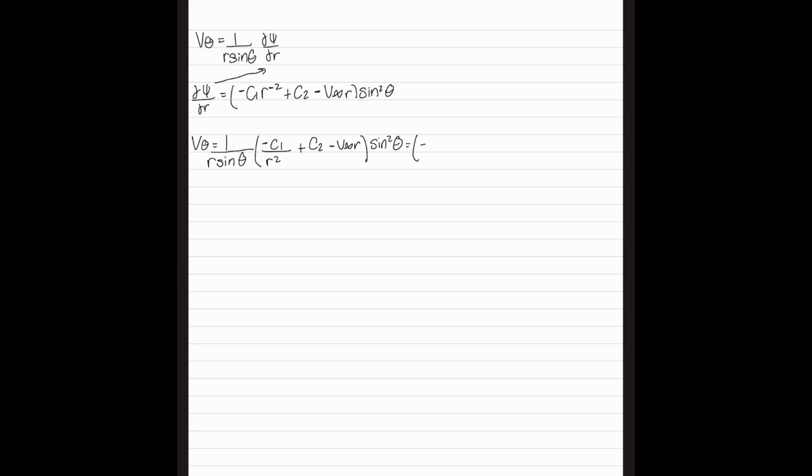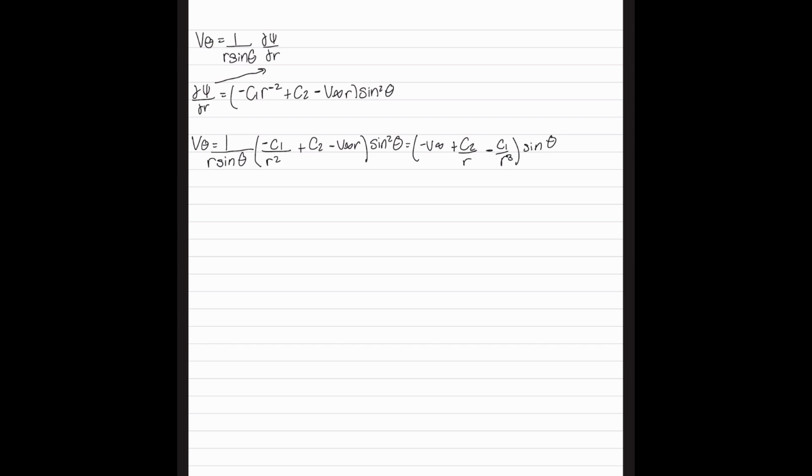And this simplifies down to this. And now you have two equations and two unknowns, so you can solve for C1 and C2.